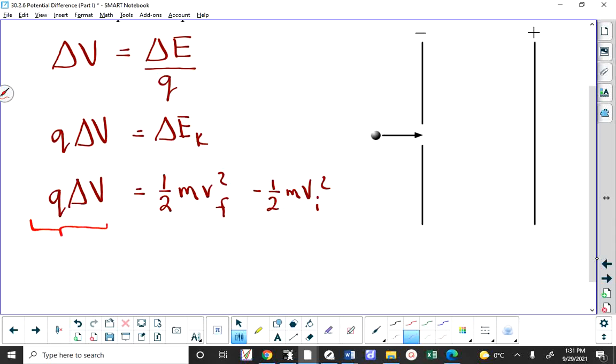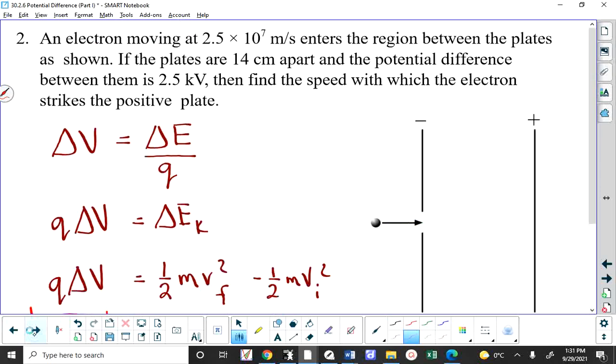I would like us all to calculate Q delta V. I'm not going to show the substitution. I'm saying just take the charge on the particle. Is it an electron again? Yep. Times the voltage. And I think you're going to get 4 times 10 to the negative 16.